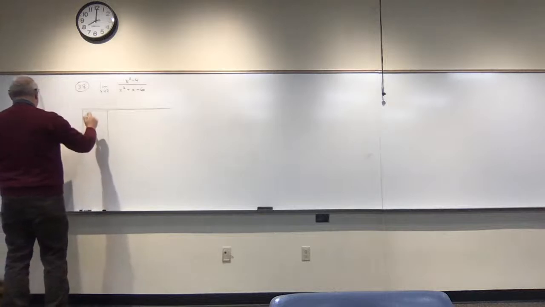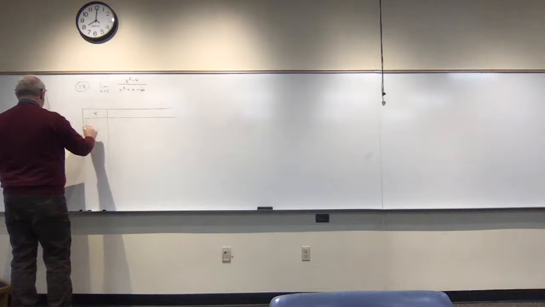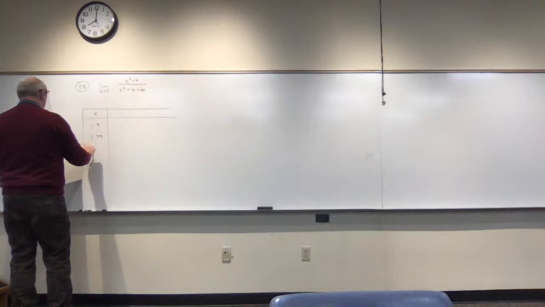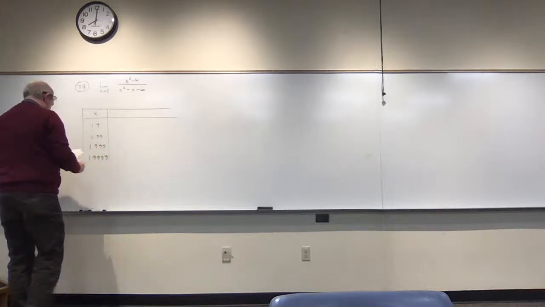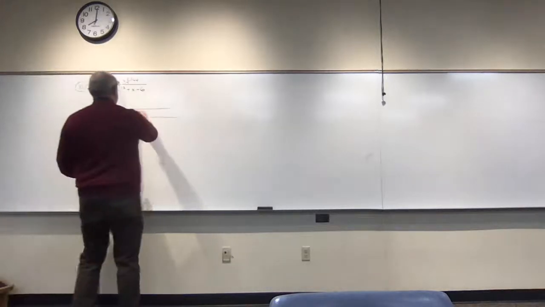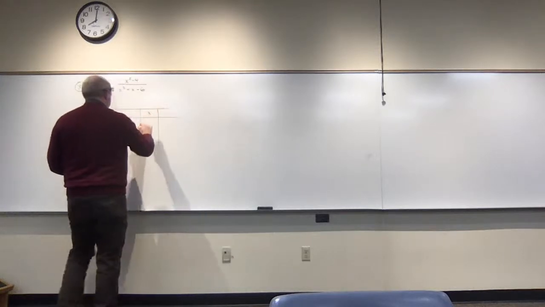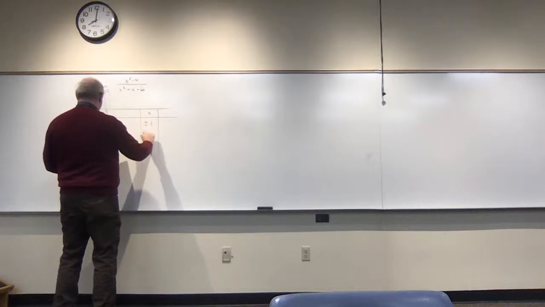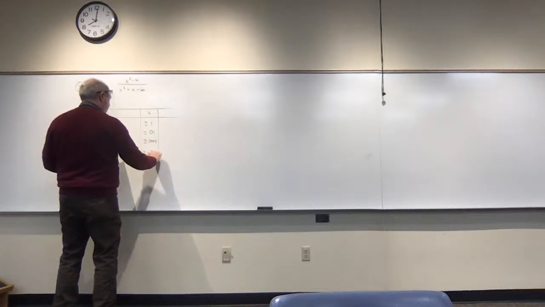They want us to plug in some various x values, like 1.9, 1.99, 1.999, and then 1.9999. Okay, and then they want us to plug in that x could be 2.1, 2.01, 2.001, and 2.0001.